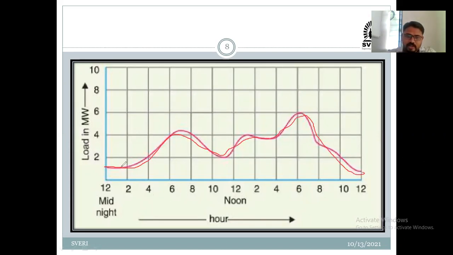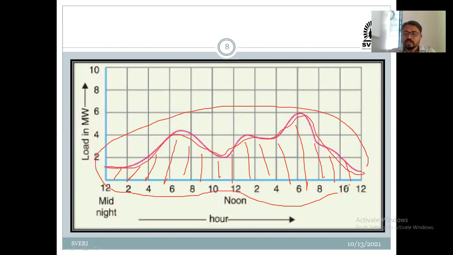Look, this load curve, what will the area under the load curve be? This much. Whatever portion I am highlighting with the help of this line is nothing but the area under the load curve. And the area under this load curve gives information about the units generated in the day: how many units that particular power station, that particular generating station, generated in one day. This is nothing but the units generated by that generating station in one day, per day.